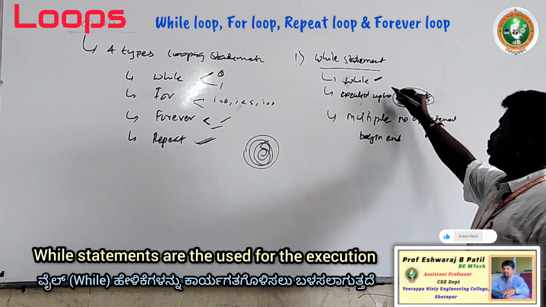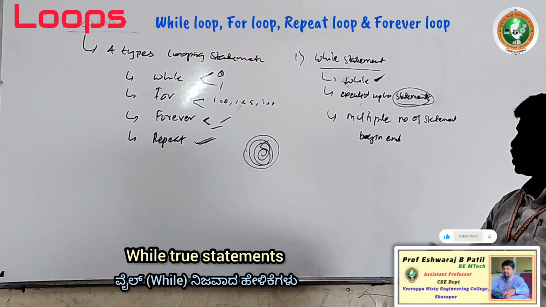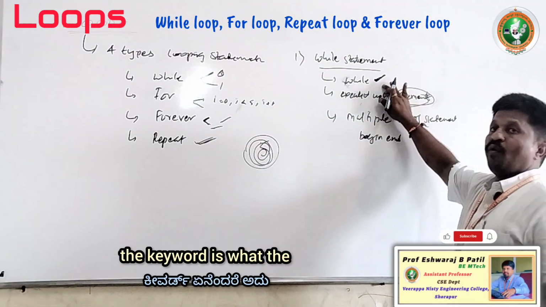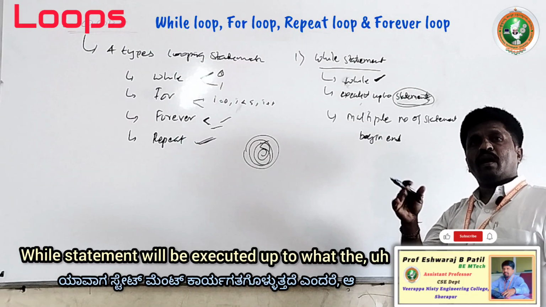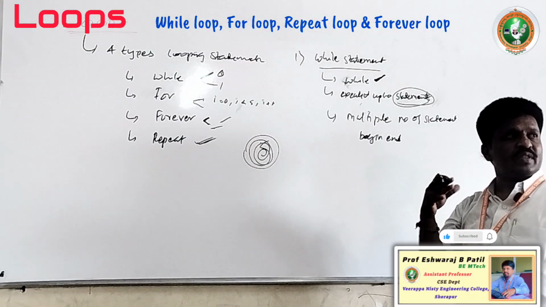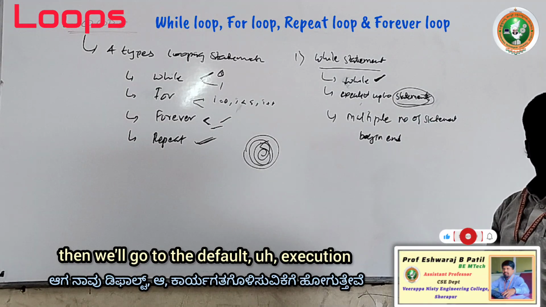While statements are used for the execution of true statements. The keyword is while. The while statement will be executed until the condition is no longer true. If it is not true, then we go to the default execution.